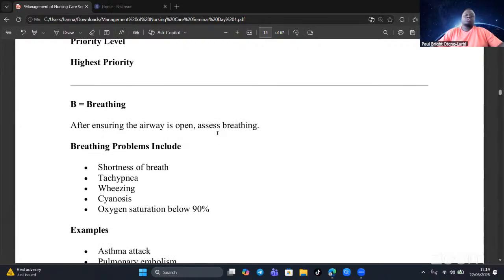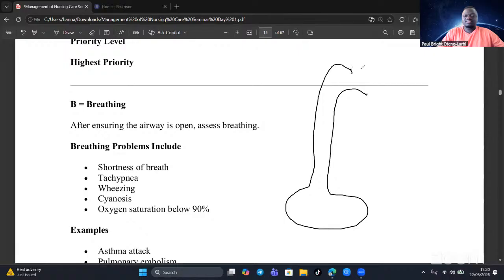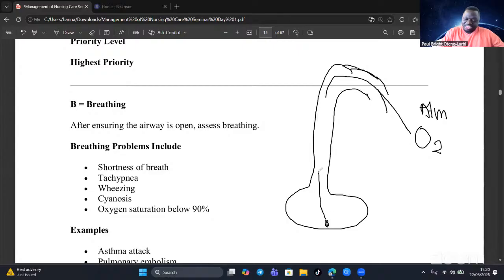Breathing, yes. Let me draw the airway again. The simplicity of breathing is that oxygen is outside here in the atmosphere, and we want oxygen to go here, and carbon dioxide is here and you want it to come out. How can we do that?